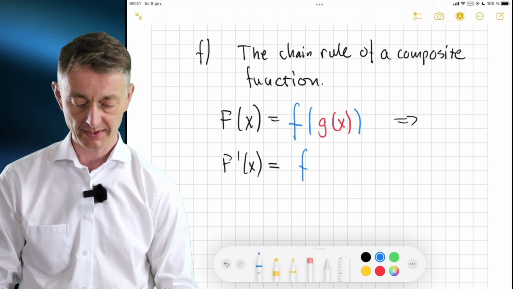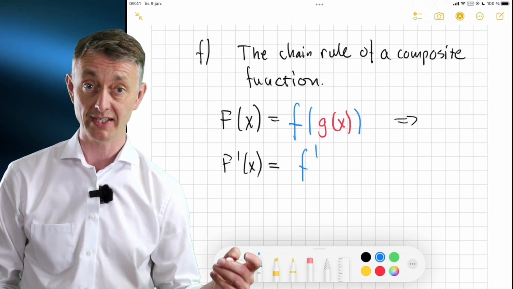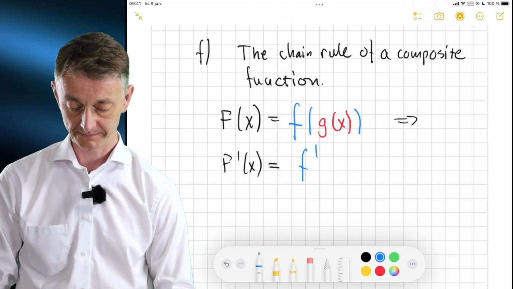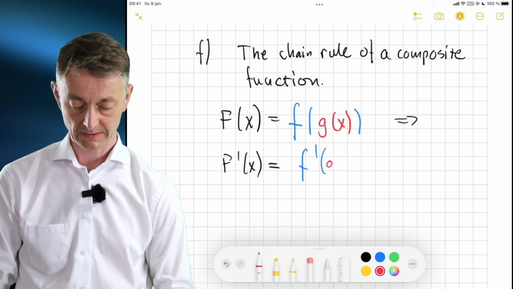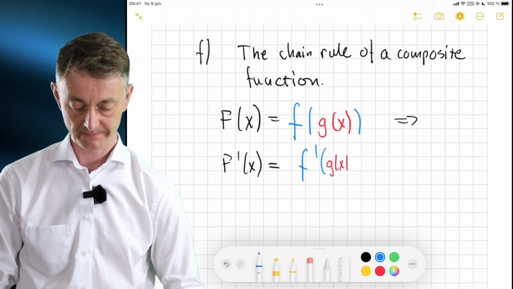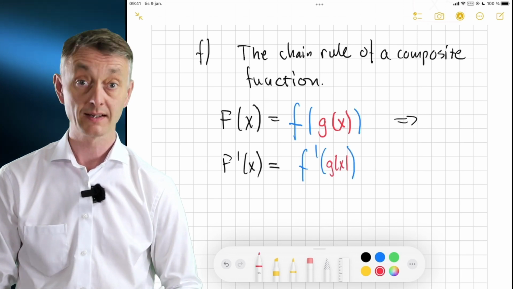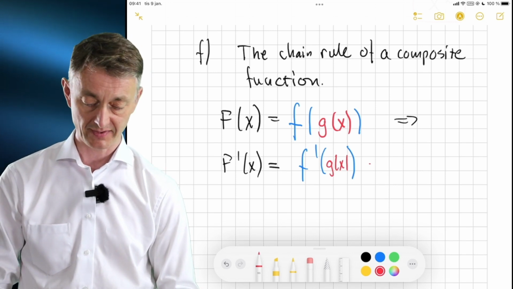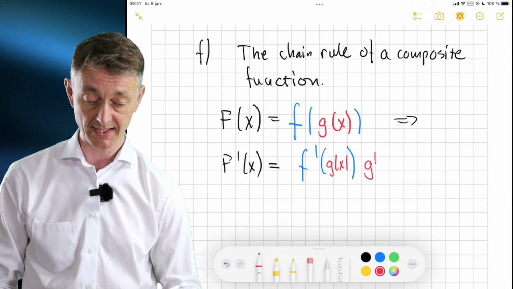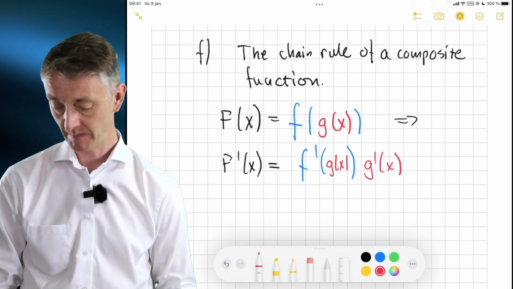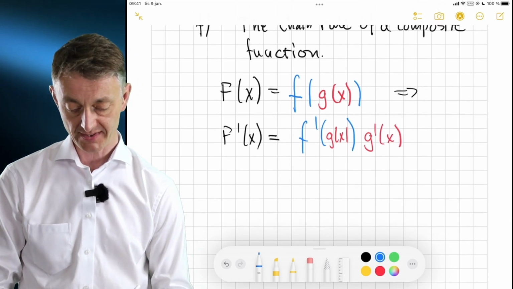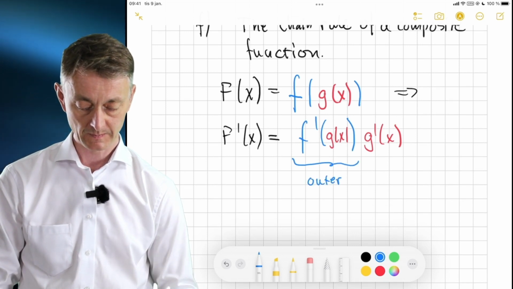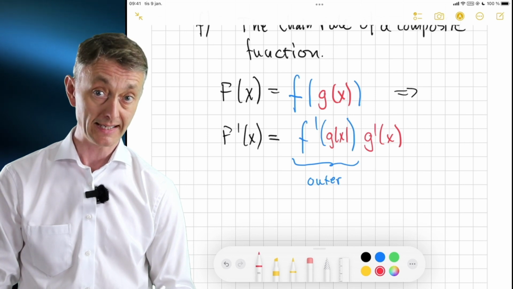It is the derivative of the outer function f prime, which is a function of g of x, then times the inner derivative, that is the derivative of the function g with respect to x. And so this is the outer times the inner derivative.